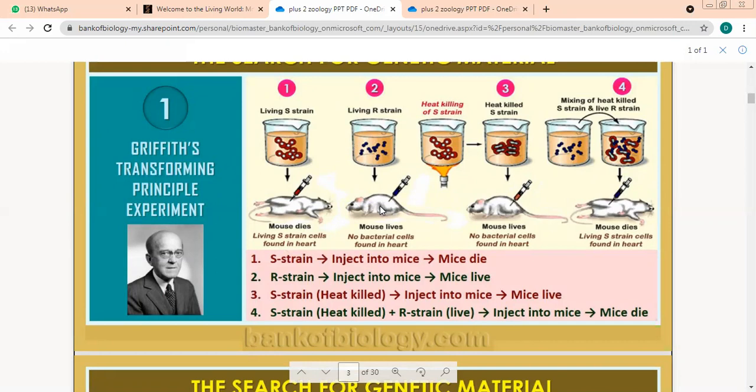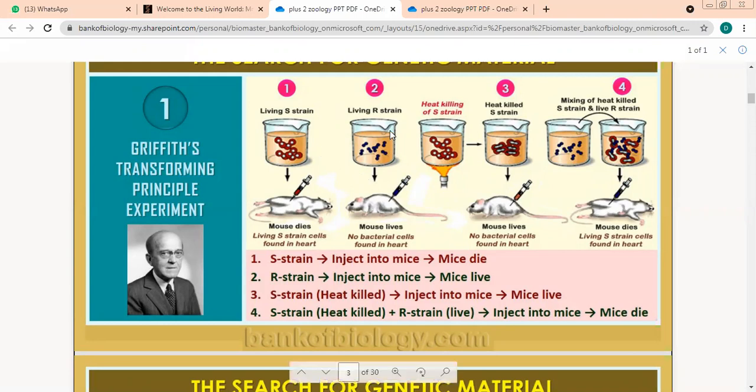It did not die. So in the first case, which strain did he inject? S strain. Did the mice die or not? Died. Then he injected the next strain, the R strain. What happened to the mice in this case? Did they die? No, ma'am.